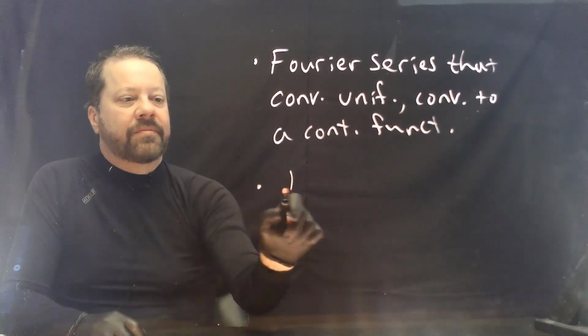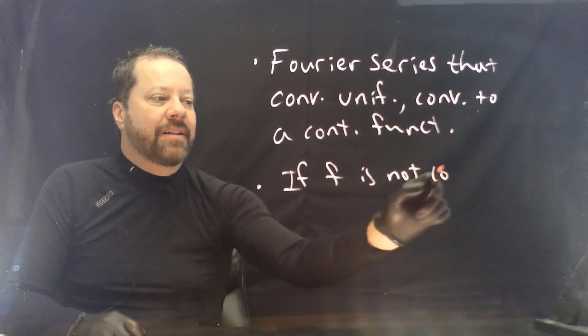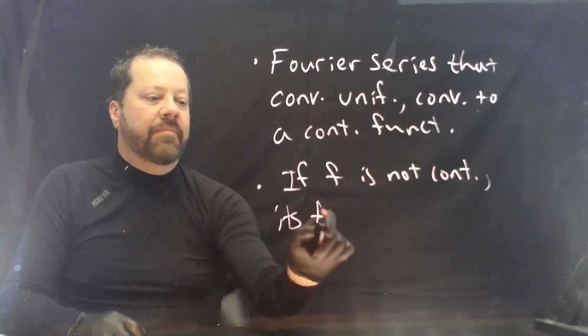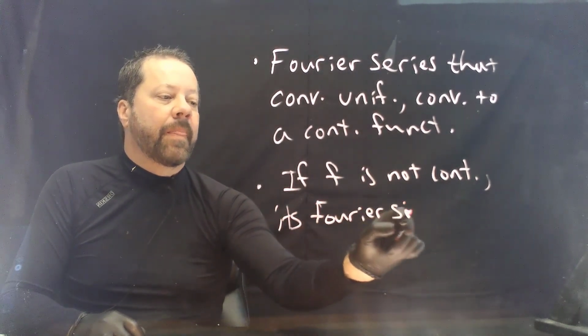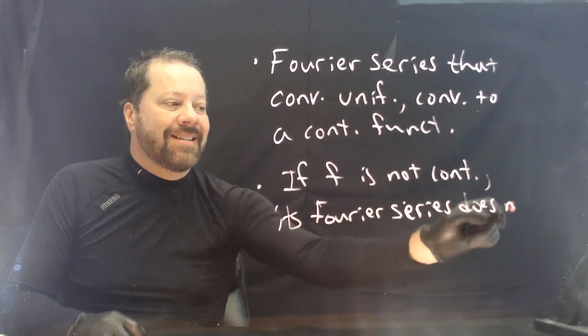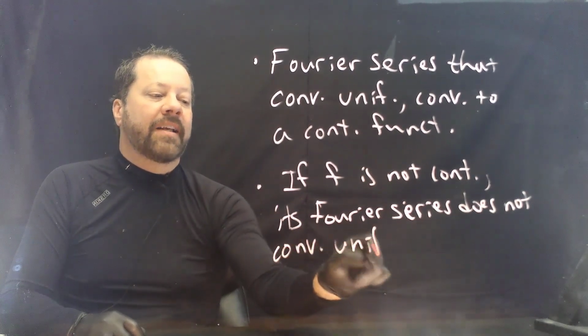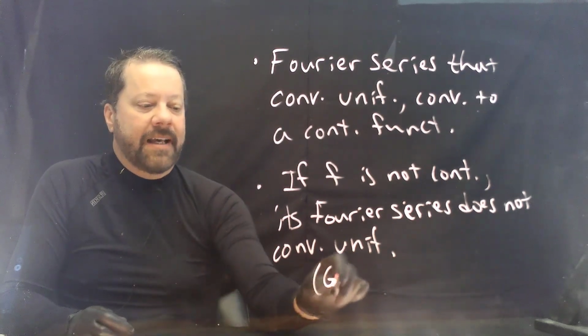Also, if f is not continuous, its Fourier series does not converge uniformly. We have the Gibbs phenomenon in this case.